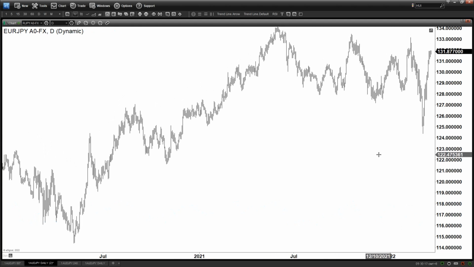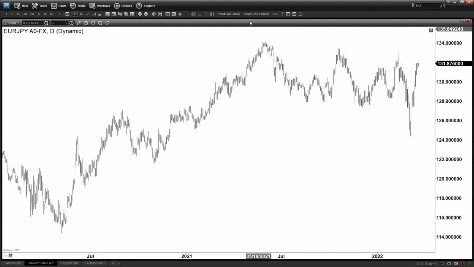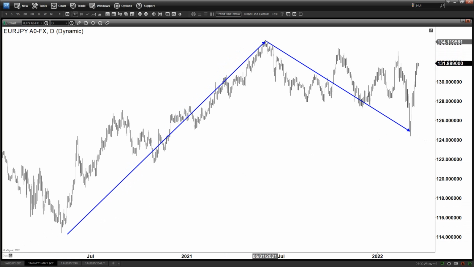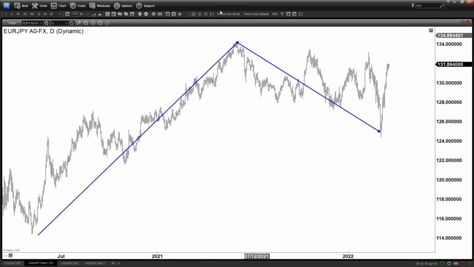Right, so let's take a look at euro yen. Now you can see in the case of euro yen, this move down here is way too big to be called a wave 4, right? I mean, the distribution is suggesting this is really the correction of this rally from the March 2020 low, right? So euro yen has not broken to a new high, but let's say euro yen does break the new high.